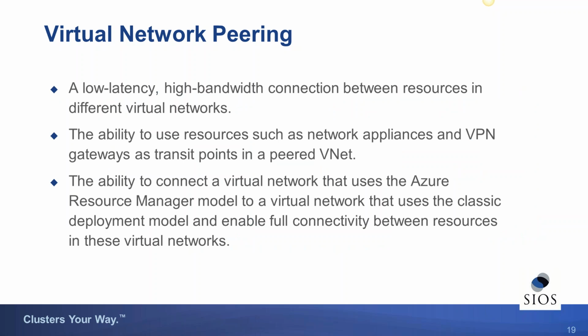And I think the best use case for this, the reason that you might be forced to do this, obviously if you plan properly, most of your stuff should be in the same virtual network, but early adopters in Azure might have used Azure Classic resources and have a whole virtual network based on that Azure Classic model, which is fine, but all the new development is being done in Azure Resource Manager.